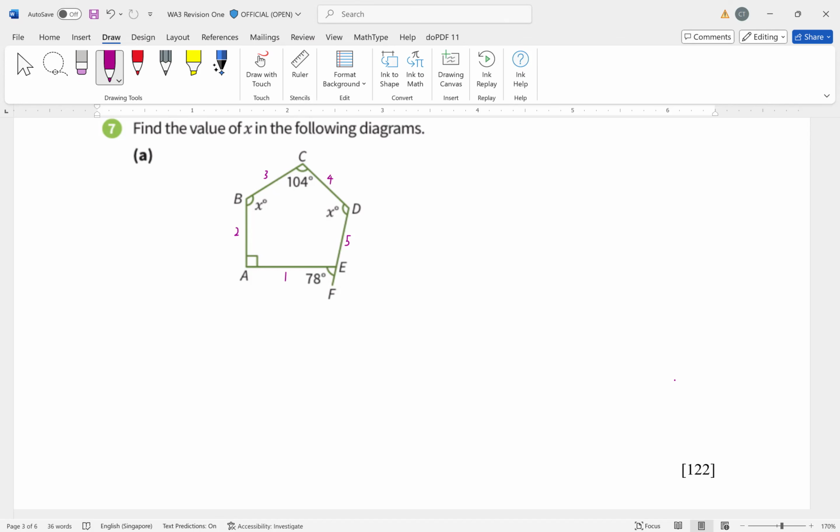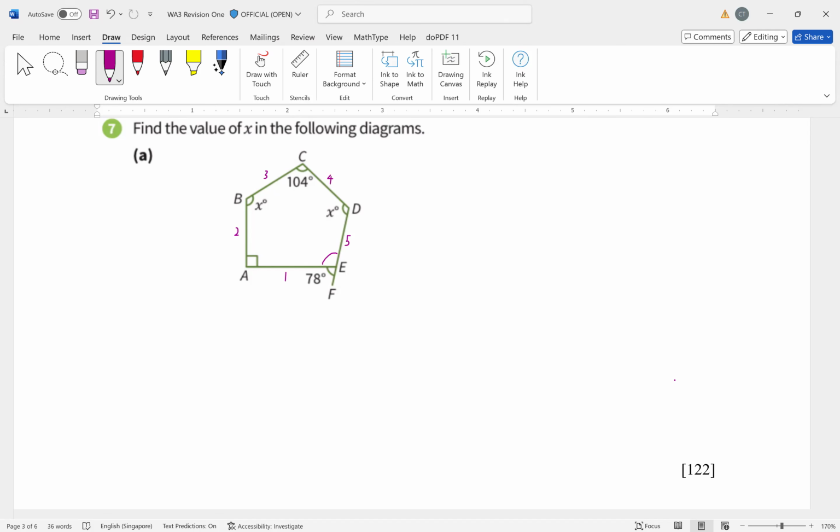All right, so for this particular question, you can see here, they give us a couple of interior angles, 104, 90. Okay, the right angle over here. This one is not given, but as you can see, we are given the exterior angle. So we should be able to find the interior angle very easily. And the other two interior angles are x, which we are required to find.